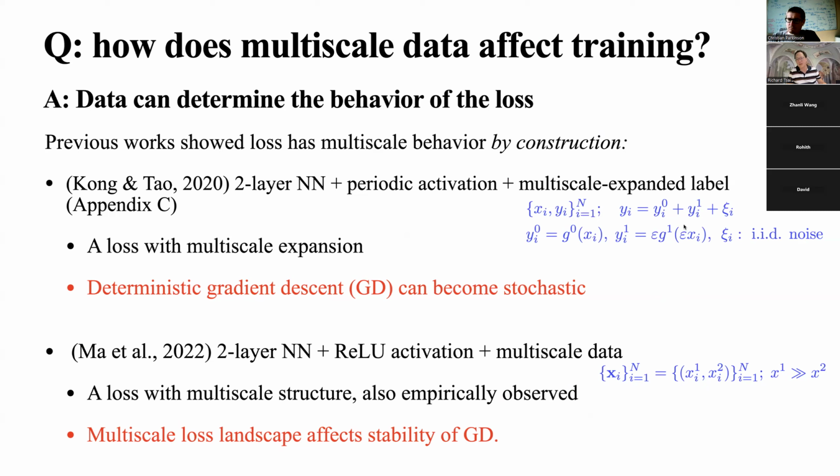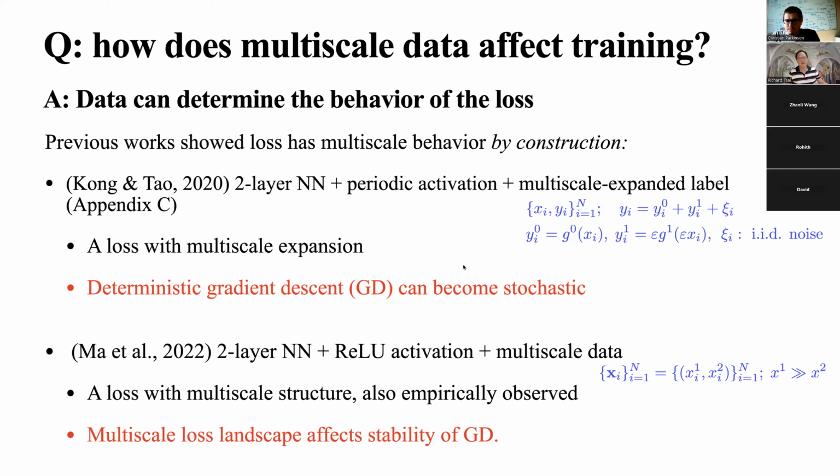They assume that the label function is multiscale, so there's a multiscale expansion of the label function. When you put it in, your loss function is multiscale because epsilon pops out of it, and when you look at the gradient of the loss function, you also have different orders of epsilon coming out.